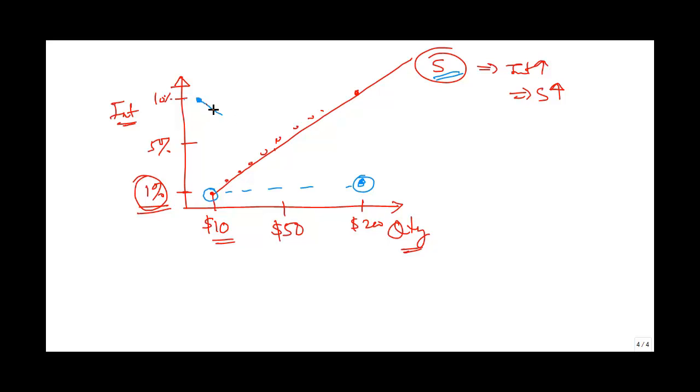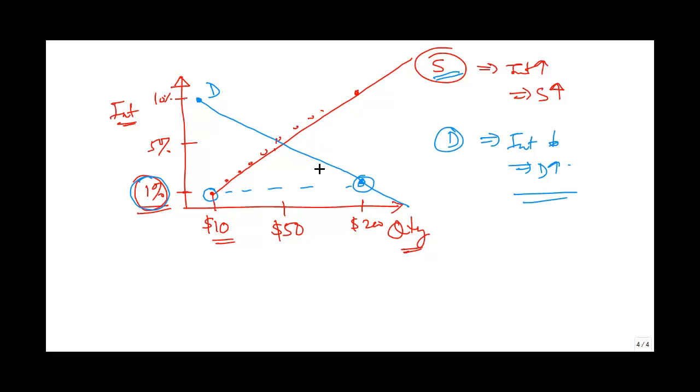So you can create this kind of line, which we will call the demand of money. As the interest rate decreases, the demand for money increases, right?